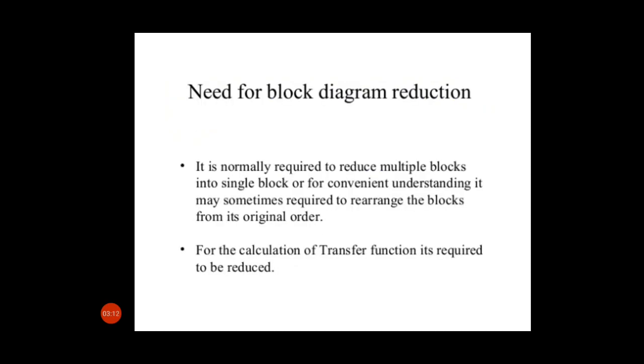So what is the need for block diagram reduction? Block diagram reduction is normally required to reduce multiple blocks into a single block, or for convenient understanding it may sometimes be required to rearrange the blocks from their original order.